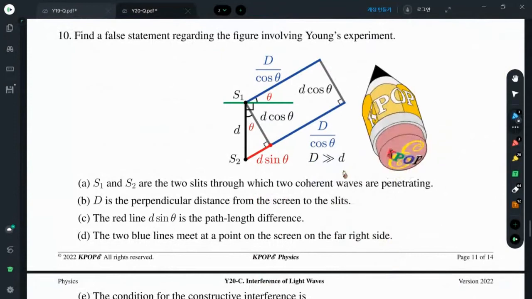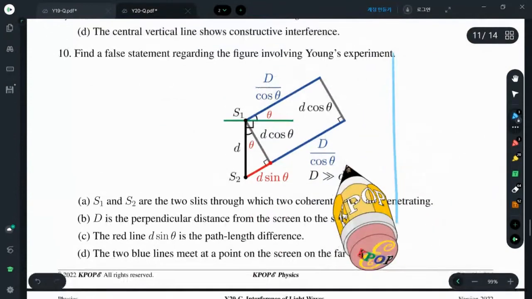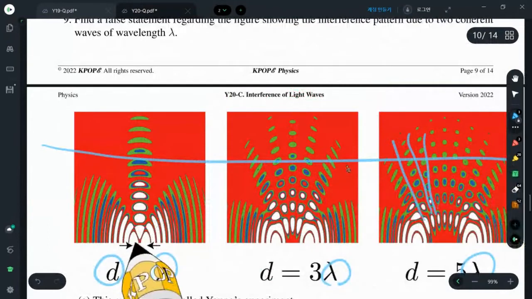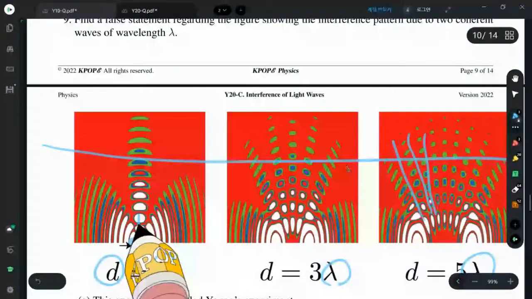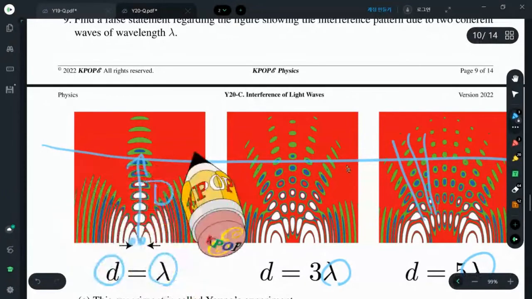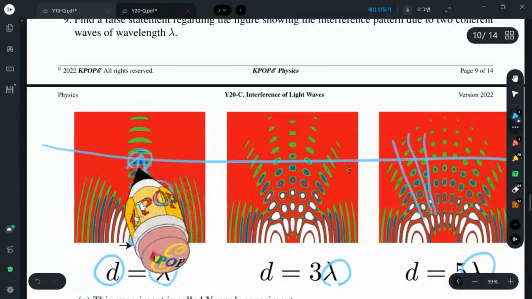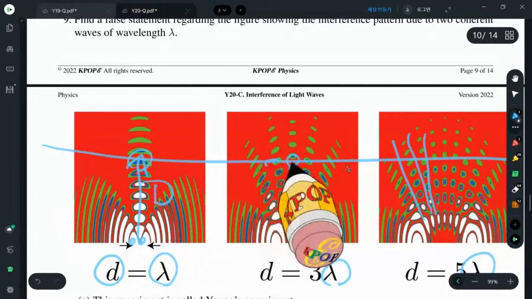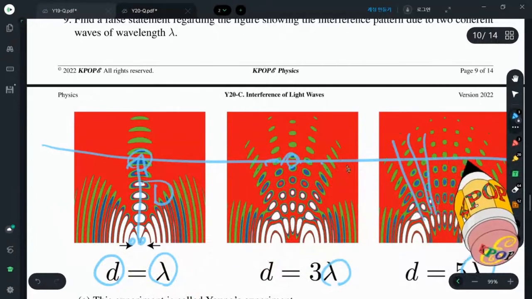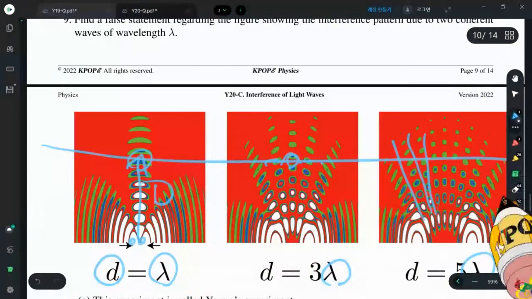And if you put a screen at a certain distance, capital D, then you will find fringes: bright, dark, bright, dark, bright, dark, bright, dark. Okay?